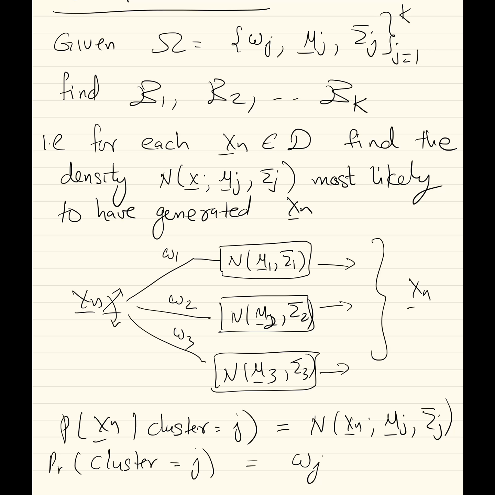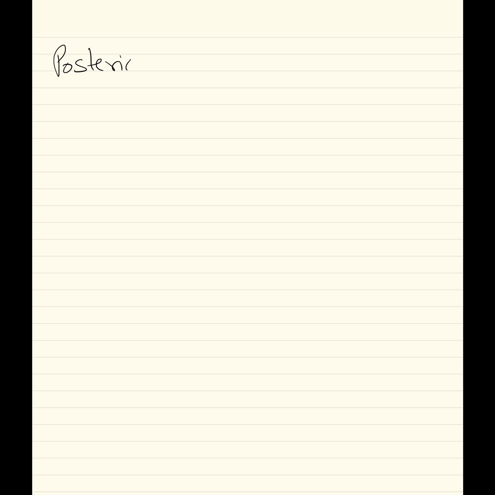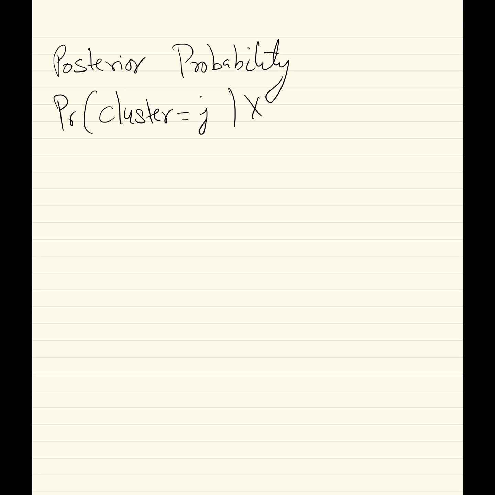So we have the probability of xn given the cluster is j, and you multiply them together. But ideally, what we want to compute is the posterior probability: the probability that the cluster equals j given xn. This is what is missing.